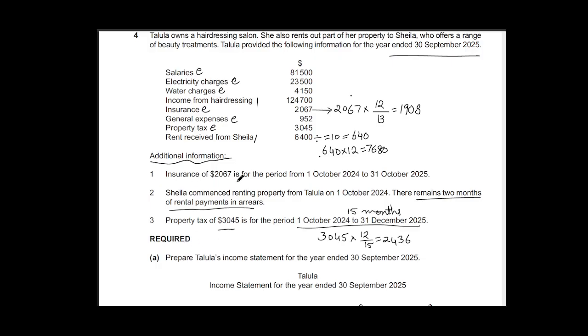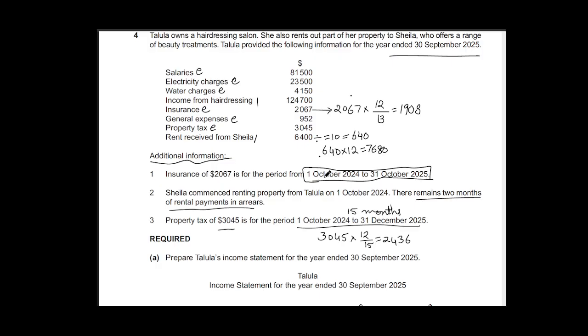Insurance of 2067 is for the period from 1st October 2024 to 31st October 2025. Whenever such information is given in any expense or income, first of all find out how much period it is.